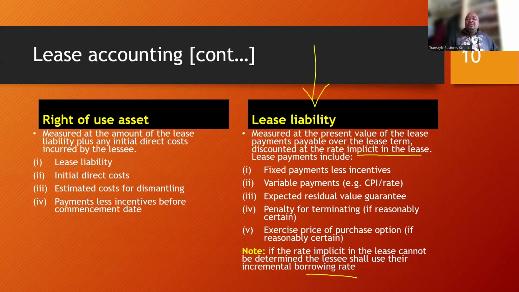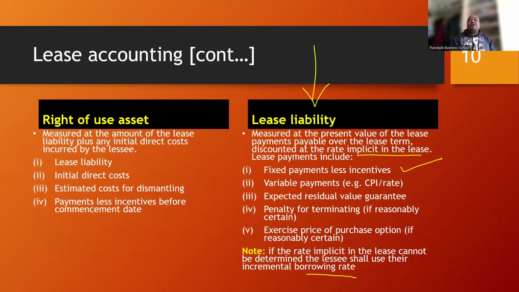Good. So the contract normally will have a rate to apply. Lease payments include fixed payments, less any incentives. Fixed payments, for example, every year we are going to pay $1,000, less any particular incentive which the lessee would have, certain payments from the lessor.